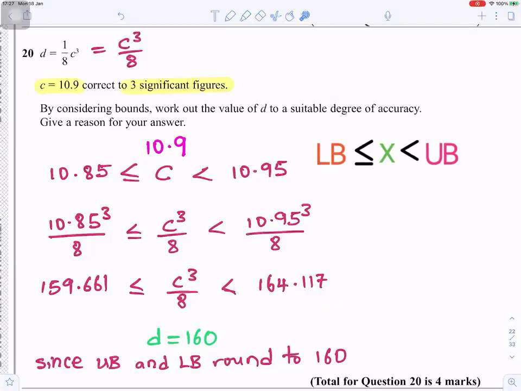But by considering bounds, work out the value of D to a suitable degree of accuracy. If we round to the nearest whole number, or we can round both of them, we can round that to 160, and we can round that to 160. So we would use 160.